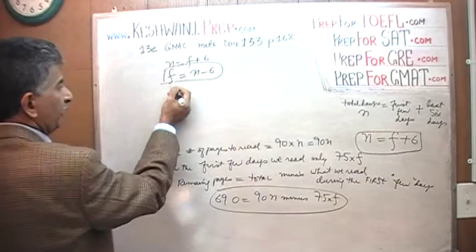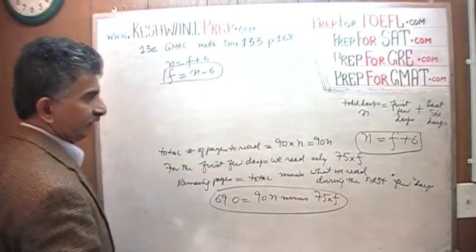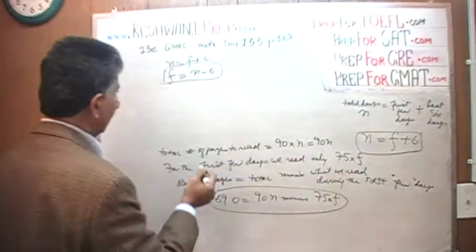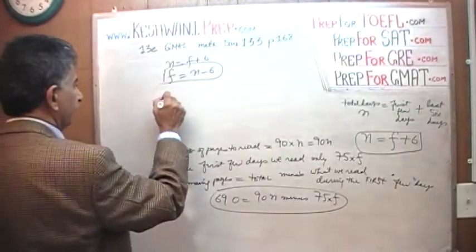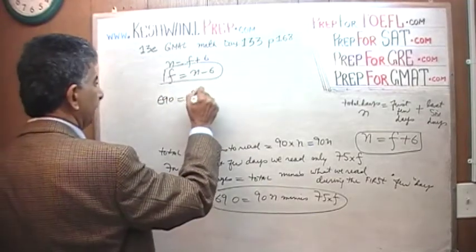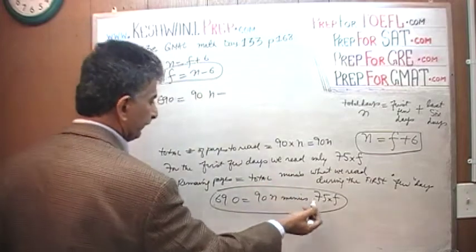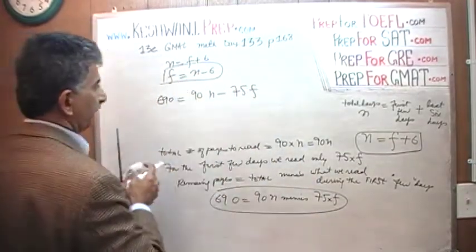The first few days must equal the total number of days minus the last 6 days. Let's substitute this equation into this one here. So we have 690 equals 90 times n minus 75 times f. But f we know equals n minus 6.